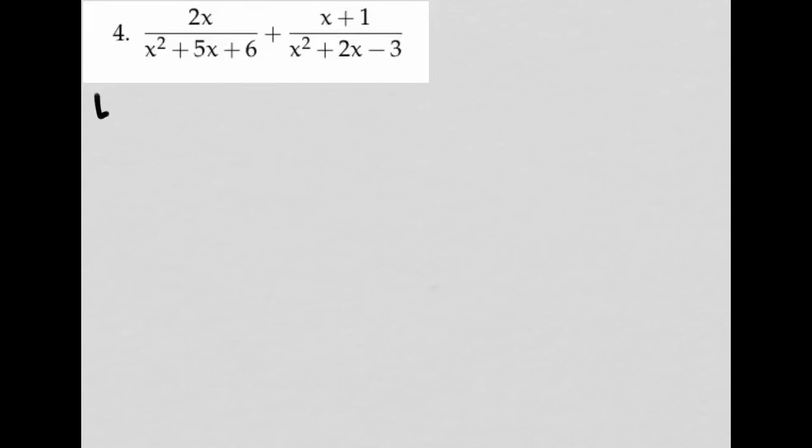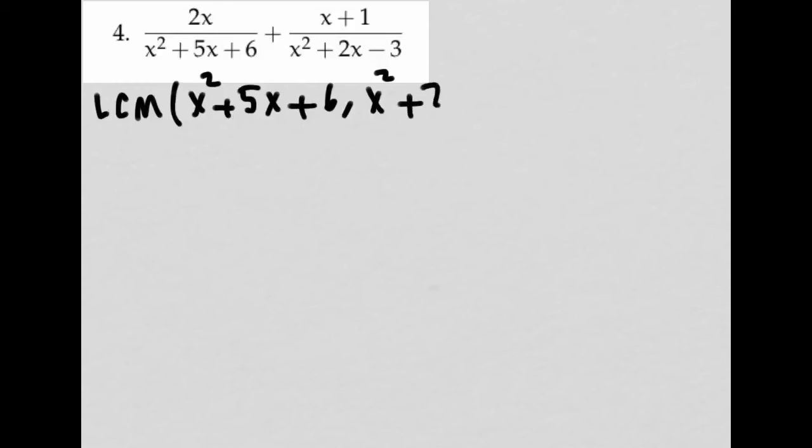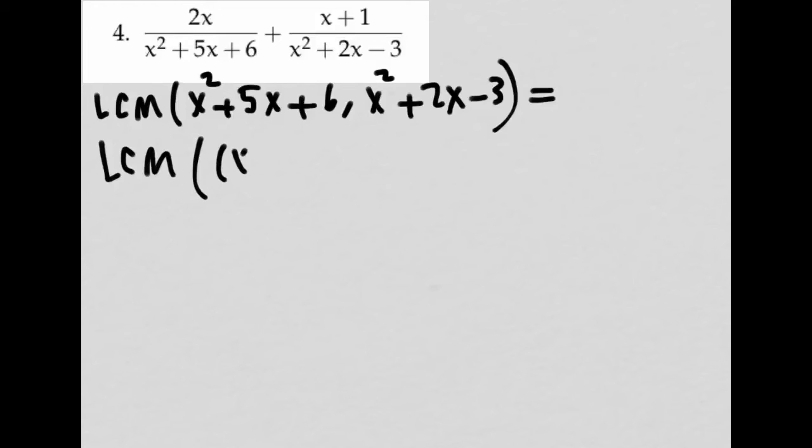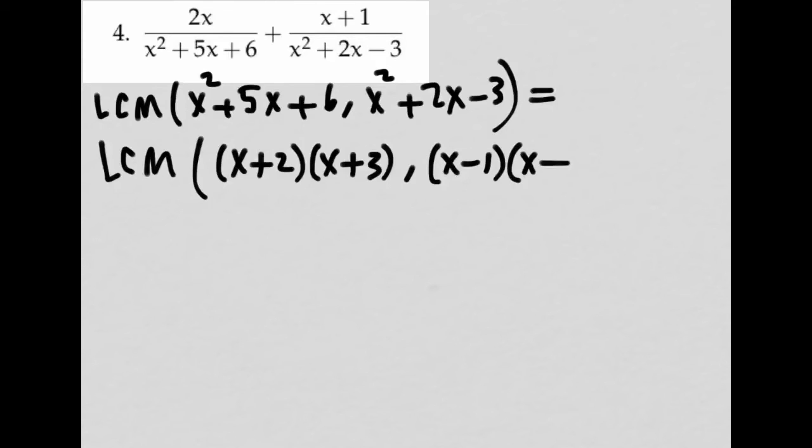First, we need the LCM of x squared plus 5x plus 6 and x squared plus 2x minus 3. x squared plus 5x plus 6, once factored, gives x plus 2, x plus 3, and x squared plus 2x minus 3, once factored, gives x minus 1, x plus 3.